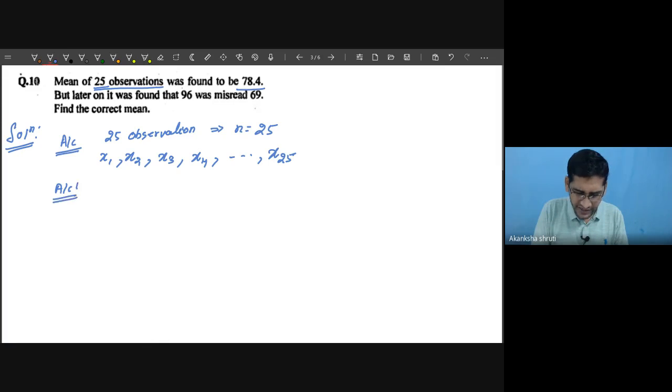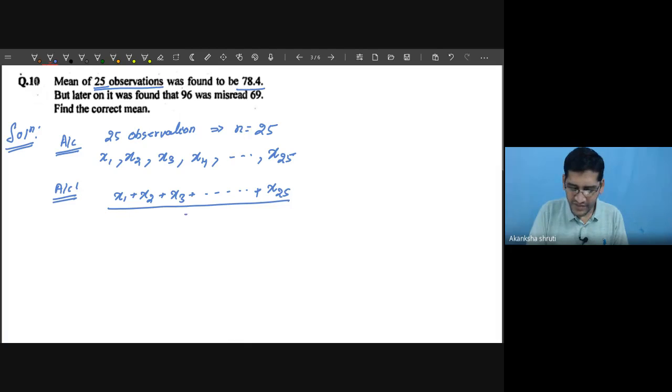According to the question, we have x1 plus x2 plus x3, like this, plus x25, divided by 25, and its value is 78.4.